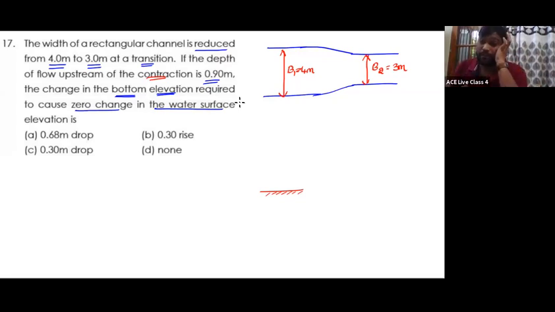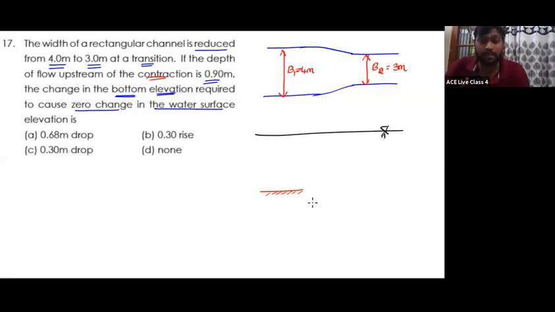But now in this question I am asking, how much change in the bottom elevation? What is the meaning of bottom elevation? Channel bed. How much do I have to rise or drop the channel bed to make sure the water surface remains horizontal?